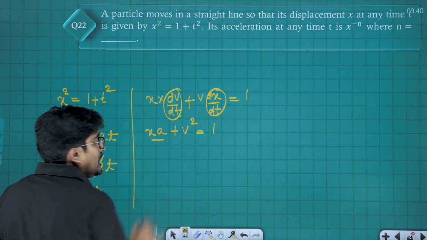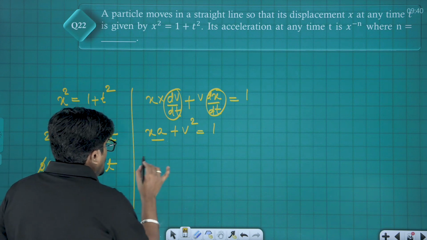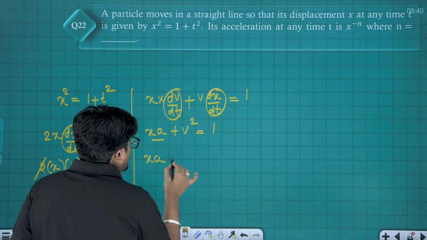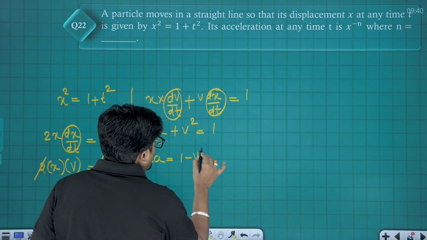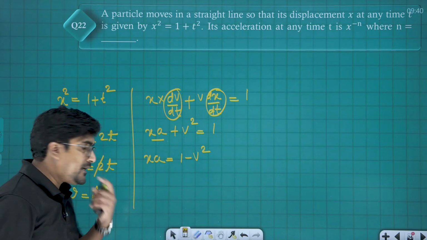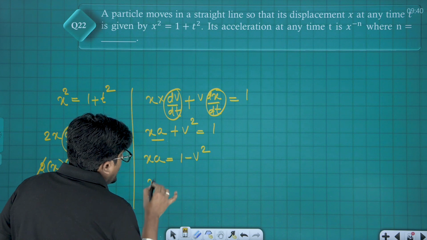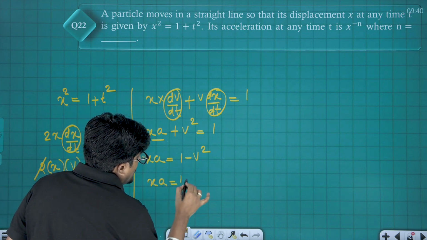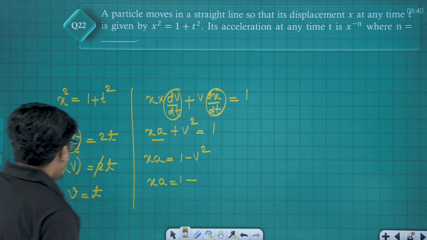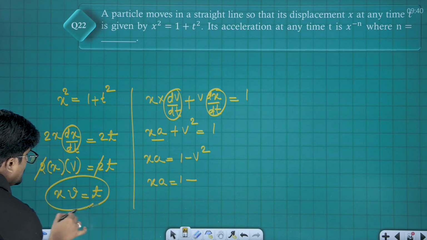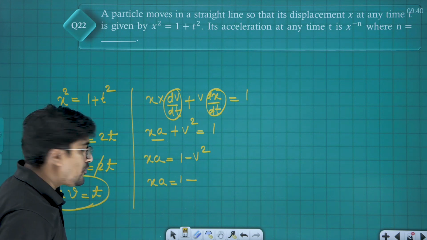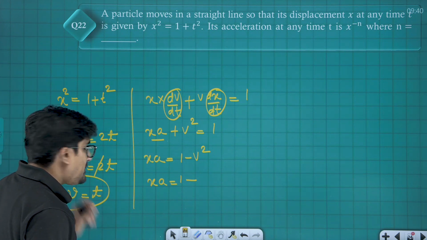Alright, so basically we need the expression for acceleration. So x into a, that is now going to be 1 minus v square. Or x into a is going to be 1 minus, instead of v, I have got a relation here. What is the relation for v? V is t by x.